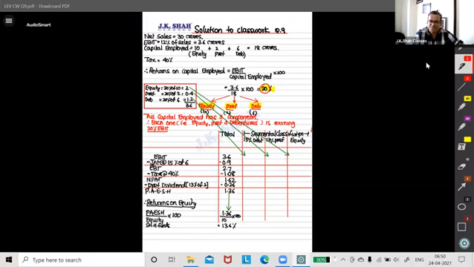Good. Photograph. You write down, photograph now. You have to complete all the things. So at the end, you will take a photograph and complete it at home.